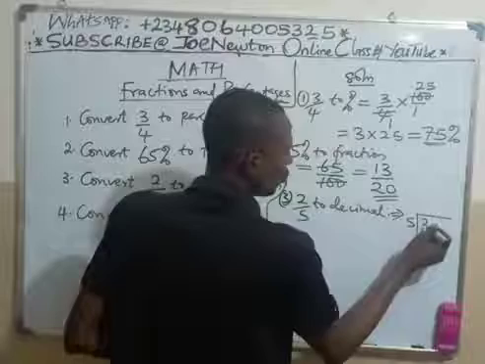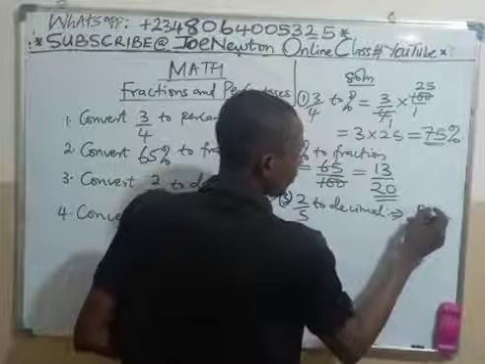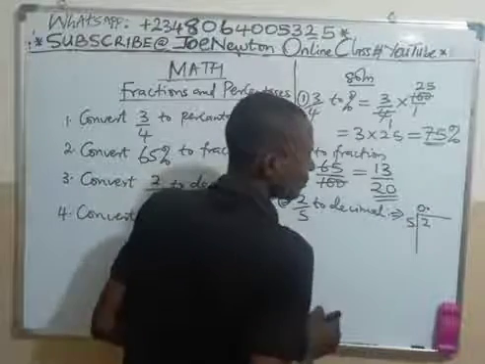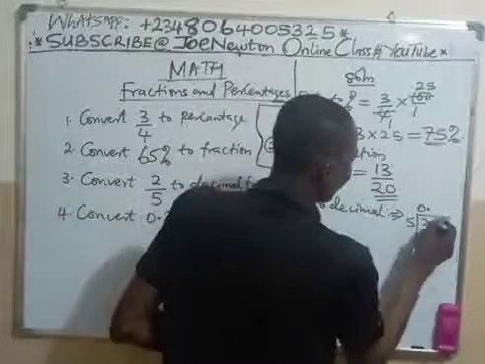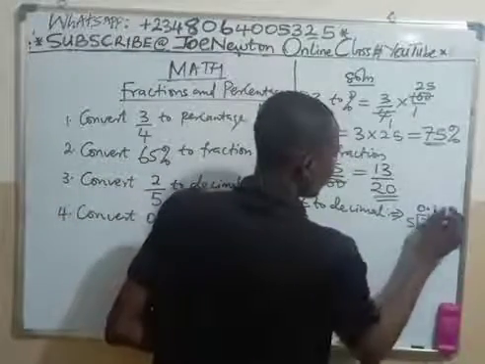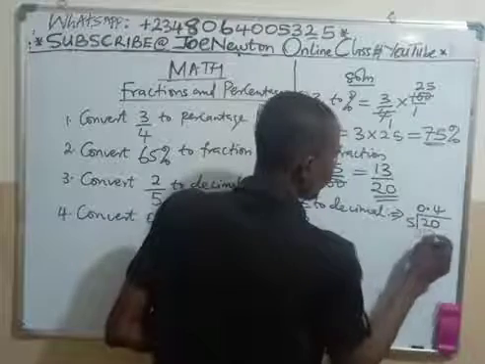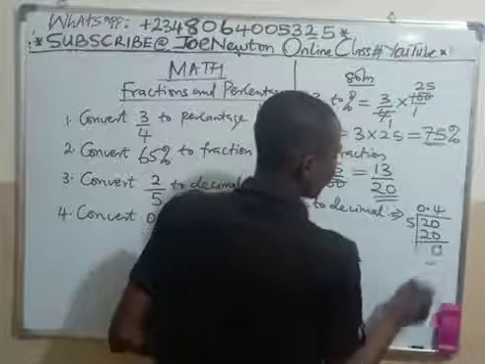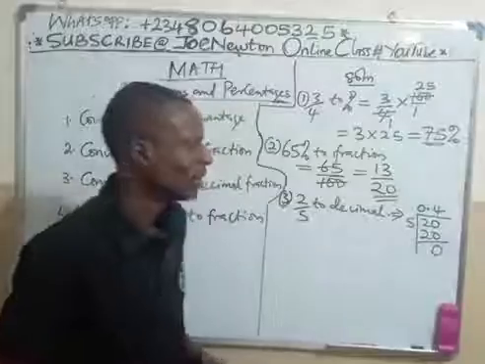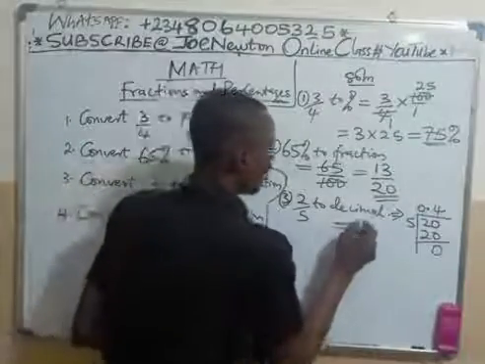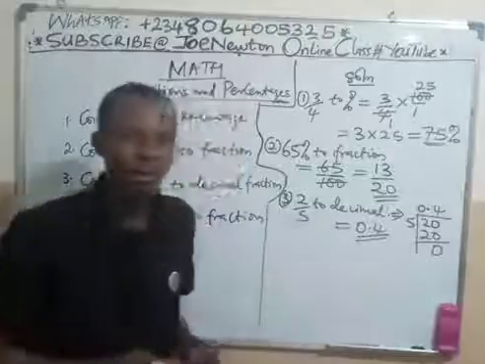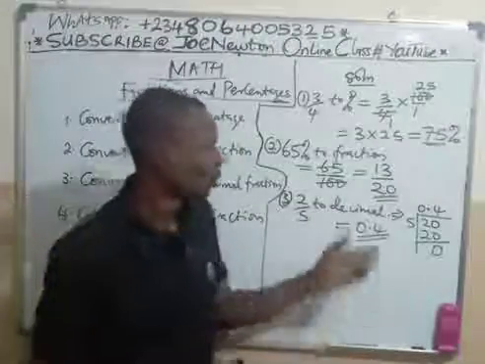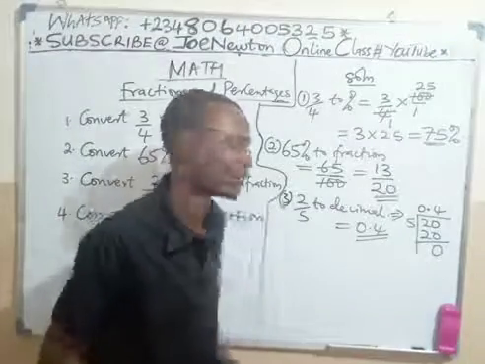So 5 divided into 2 is not possible. Then we put decimal and put 0. 5 divided into 20, you have what? 4. 4 times 5 is 20. You verify and see it is 0 when you subtract. So our answer here is 0.4, which means 2 over 5 in ordinary or common fraction is equivalent to 0.4 in decimal fraction.